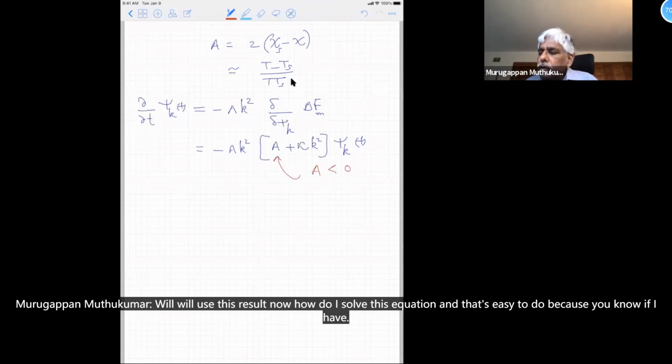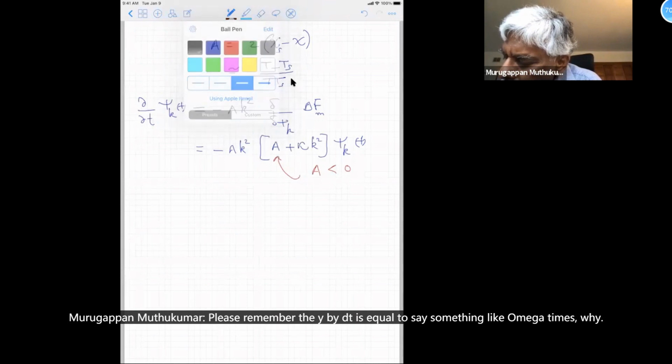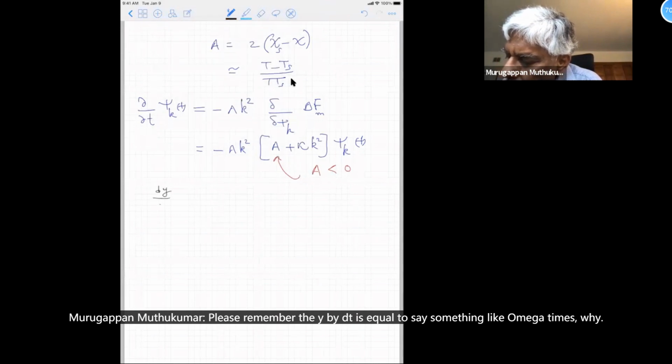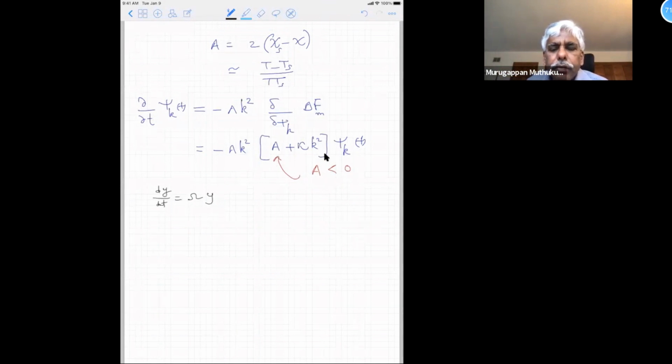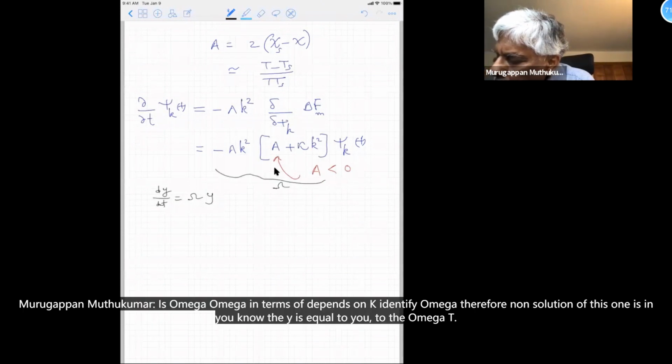That's easy to do, because please remember, dy by dt is equal to something like omega times y. Y is the psi k t, and this whole thing is my omega. Since it depends on k, I write it as omega k. The solution of this is y equal to y at t equal to 0 times e to the omega t.